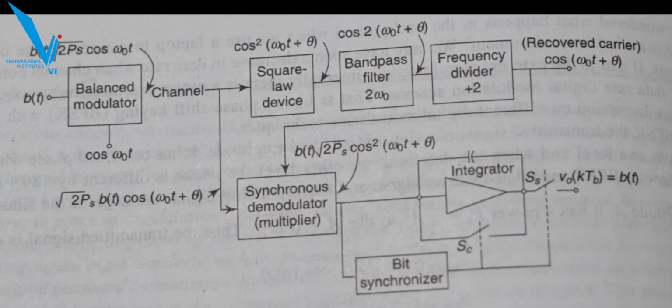This is given to the receiver, wherein it passes through the channel and the signal is received. When the signal passes through the channel, the receiver receives the signal as the square root of 2 PS cos of omega 0 t plus phi, because it is assumed that the transmitted signal undergoes some phase change because of the noise present in the channel.